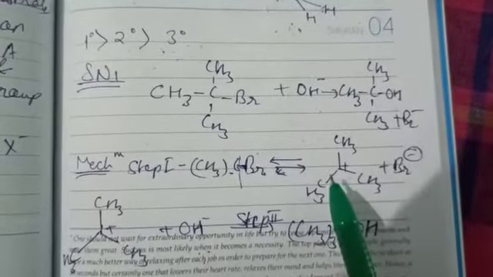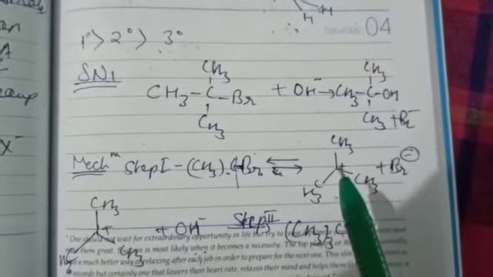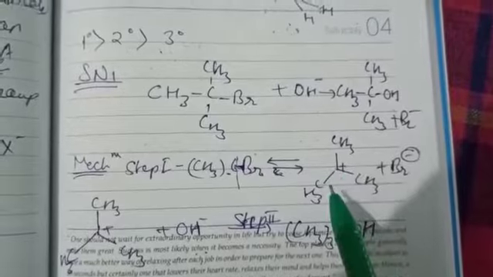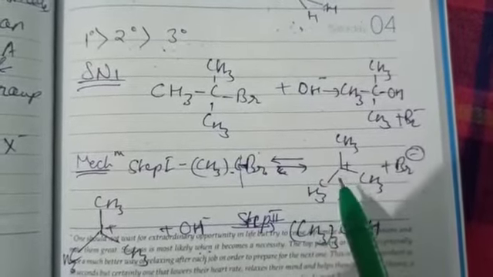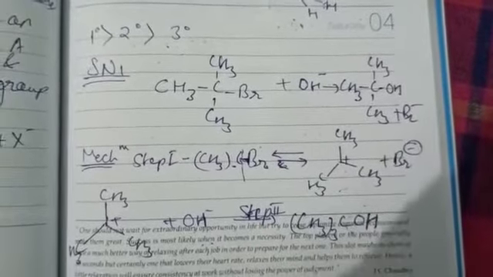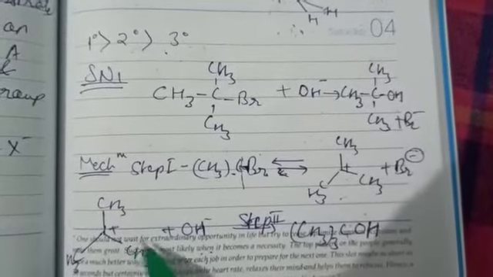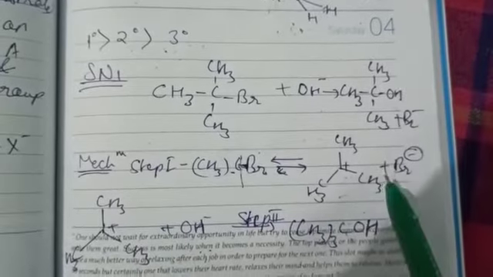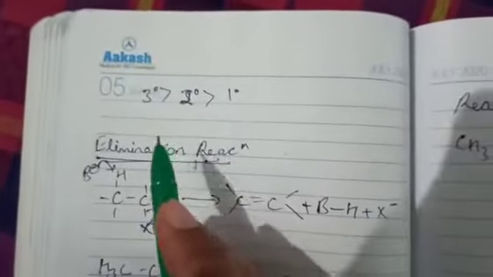That is why this is the rate determining step of the SN1 mechanism. In the second step, the carbocation is attacked by the nucleophile, and the bromine is substituted by the nucleophile.